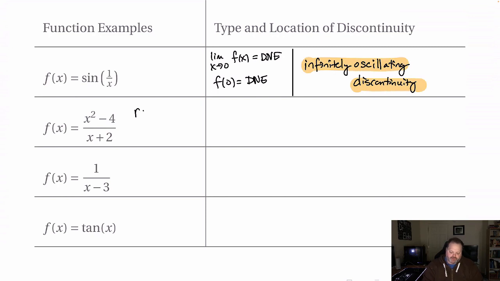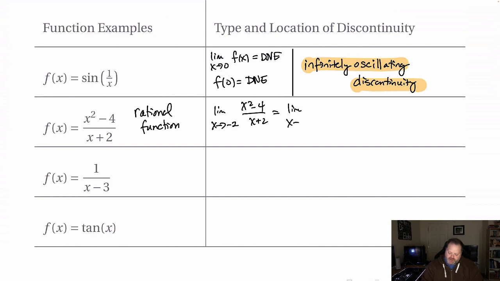This is a rational function. Remember, rational functions, you've got to be careful about the denominator. If I have x equal to -2 in the denominator, it could create a vertical asymptote, except it actually doesn't here. If you look at the limit as x approaches -2 here, we've worked problems like this before.